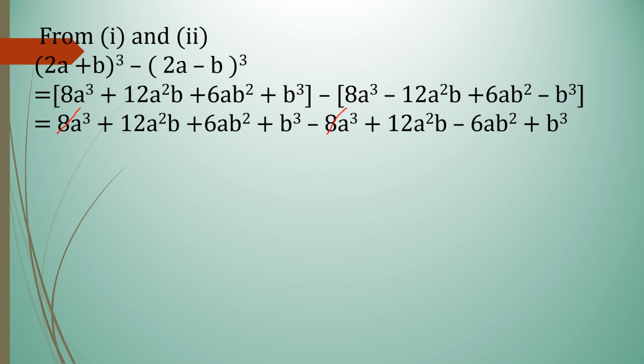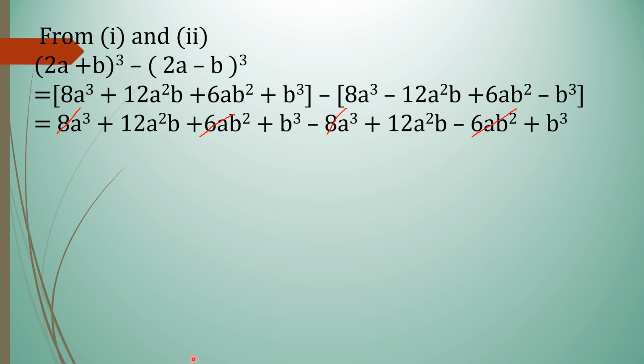So 8a cube plus 8a cube minus 8a cube will get cancelled. Now plus 12a square b, here also plus is there, so it will not get cancelled. Now plus 6ab square, and you can see here minus 6ab square. So opposite signs, same terms will get cancelled. So we'll cancel it. Now here b cube and here b cube, plus both, so it will not cancel.